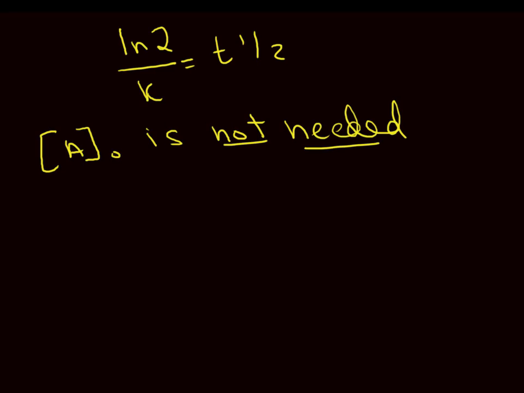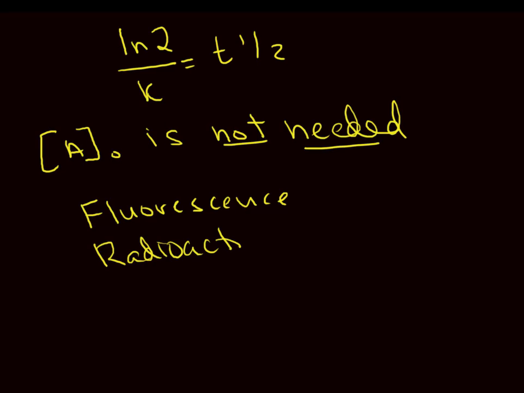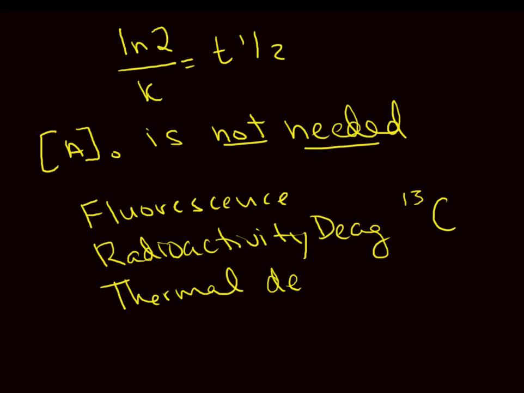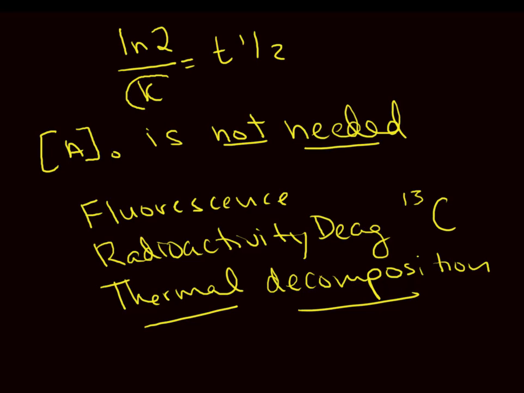And so for any kind of decay mechanisms, whether or not that is fluorescence, radioactive decay, such as carbon-13 dating that we mentioned in class, or thermal decomposition mechanisms, we can go ahead and actually date everything that we have and basically back calculate out our amount of material, or the actual time in which the material has been decaying, based on just knowing what our overall rate constant is, which can be found through control experiments.